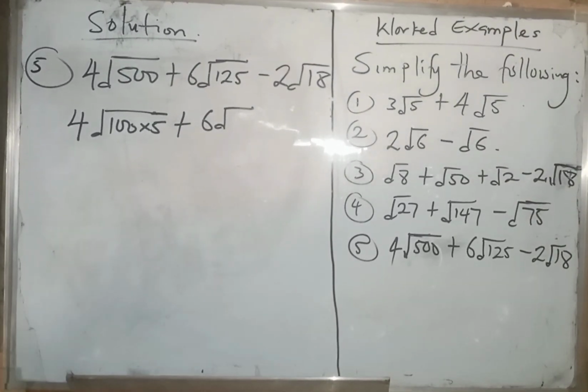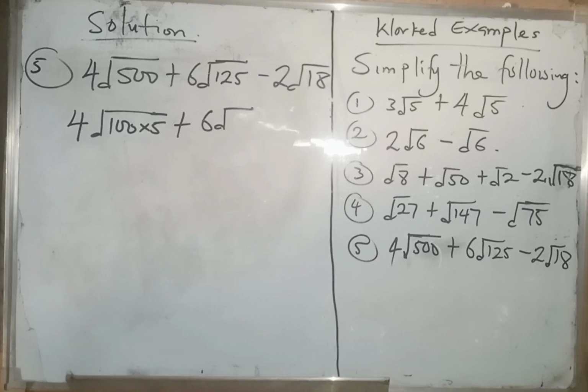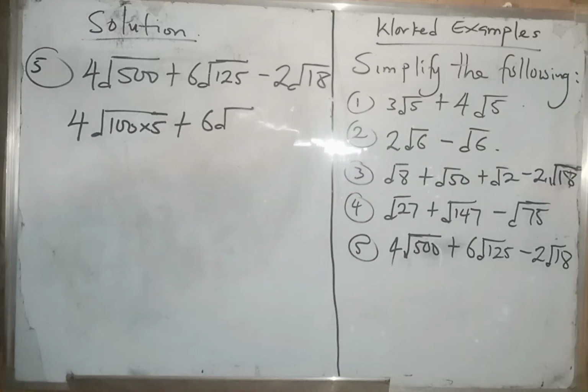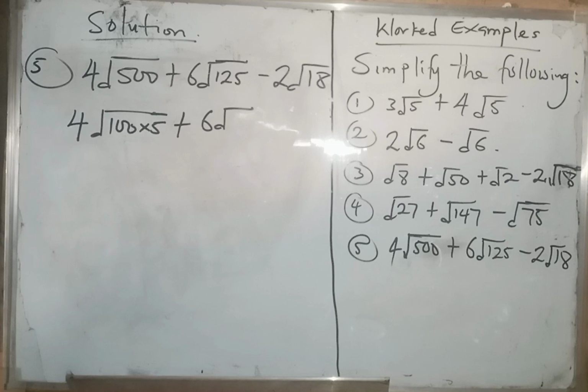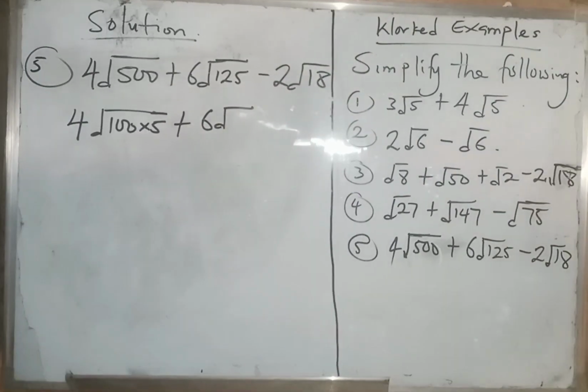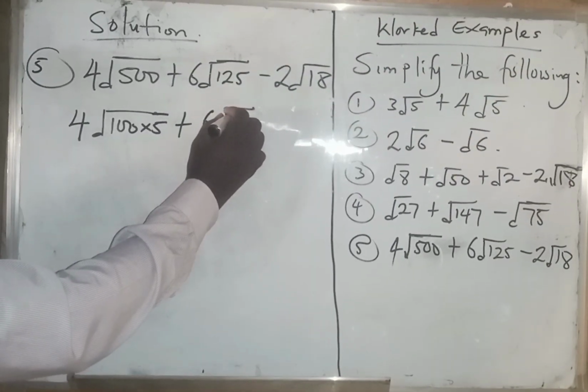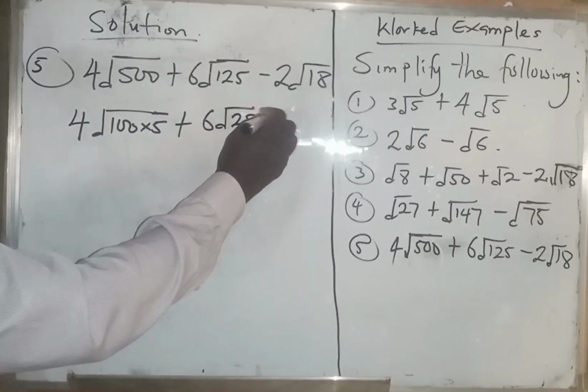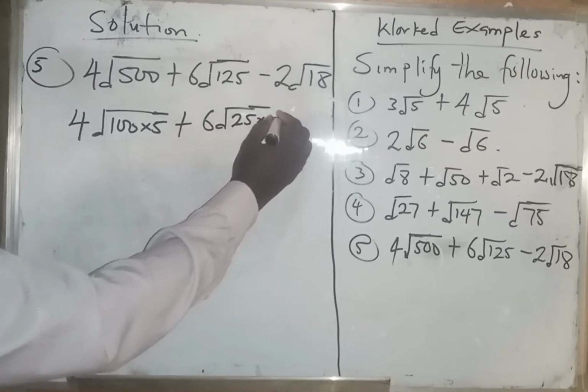With 125, 25 is a perfect square and a factor of 125. So we multiply 25 by a whole number that will give us 125. 25 multiplied by 5 will give us 125. So we have 25 times 5, that will give us 125.